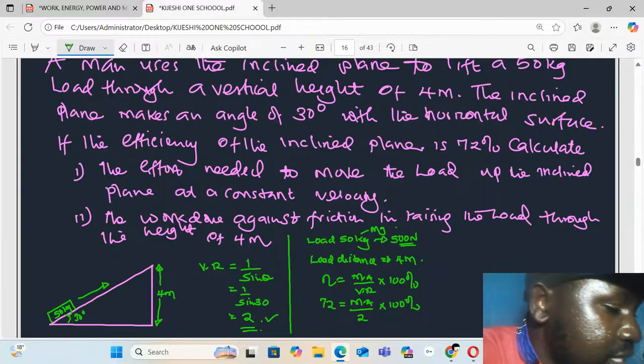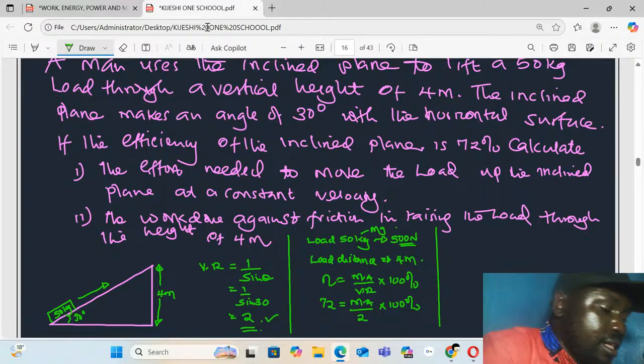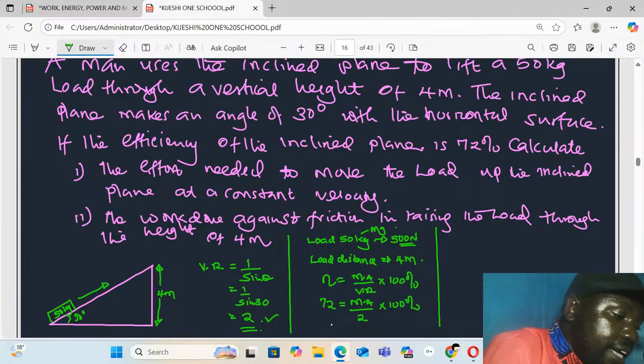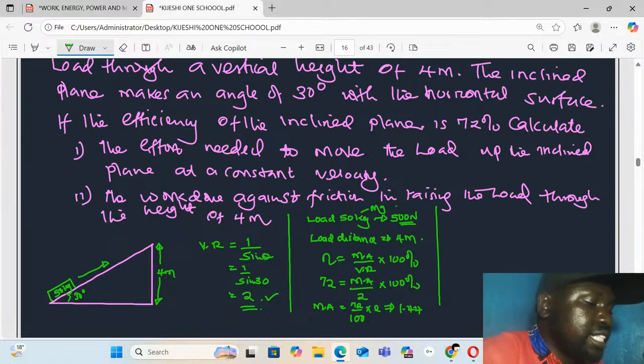If we make MA the subject of the formula, it is 72 out of 100 times 2, and this becomes 144 out of 100, giving us 1.44.